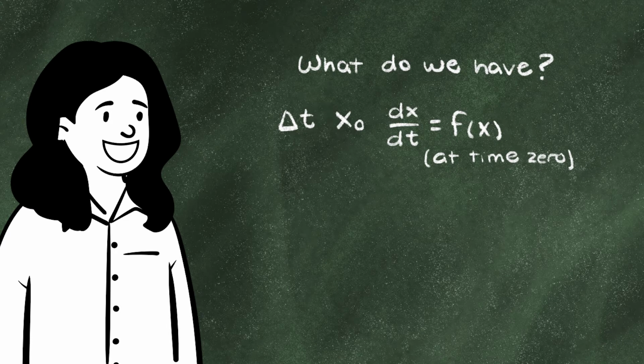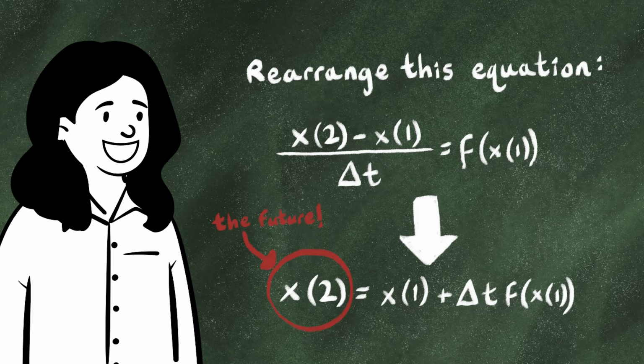We choose a time step, delta t, and we have an equation for dx/dt that we can solve using the initial condition, x1. So what do we want? We want to know the future, or x2, which is x i plus 1. So that's perfect because we can just rearrange this equation to solve it for x2, which is our only unknown.